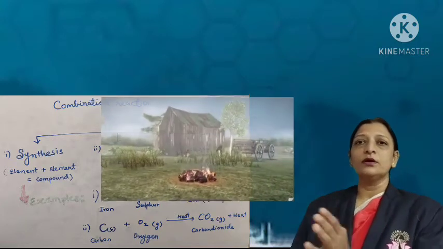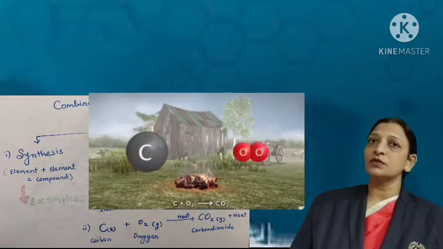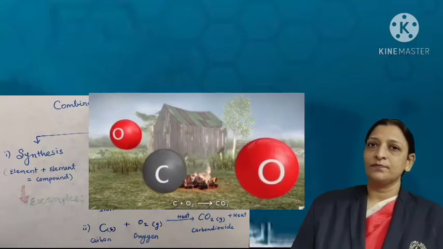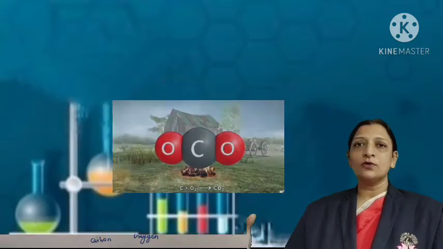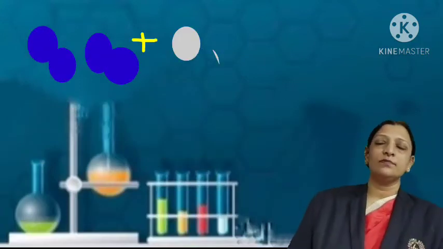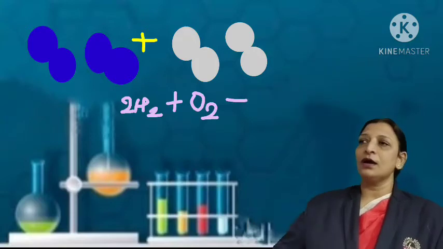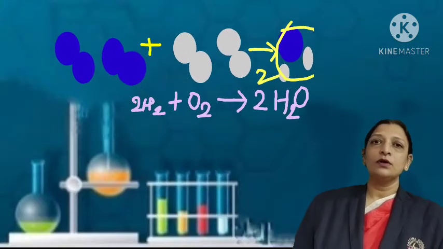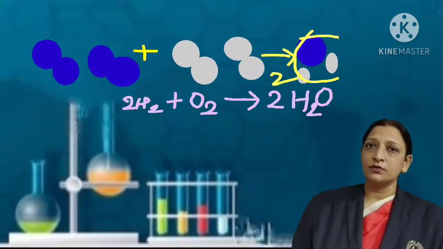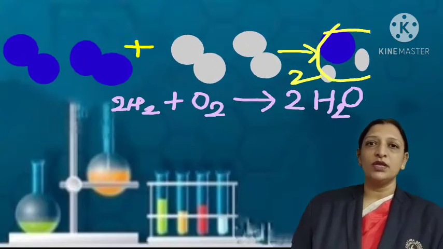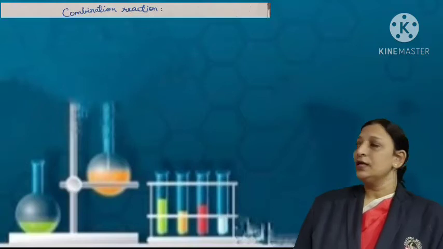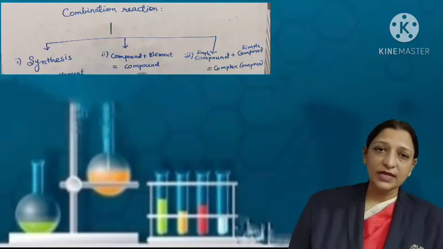Carbon, when it reacts with oxygen, gives carbon dioxide. Hydrogen, when it reacts with oxygen, gives water. So all these are examples of synthesis reaction, which are nothing but combination reactions. Let us look at the second type of reaction.